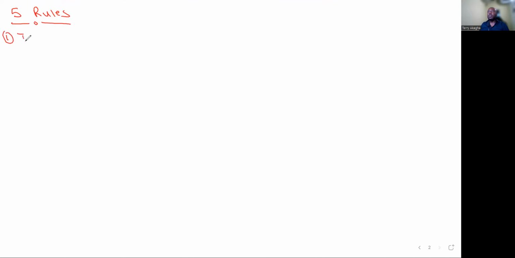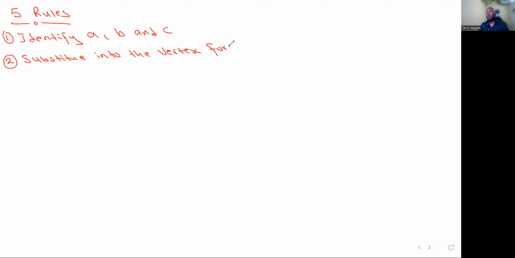Number 1, you have to identify a, b, and c. Number 2, after you've identified that correctly, you substitute into the vertex formula to find x.